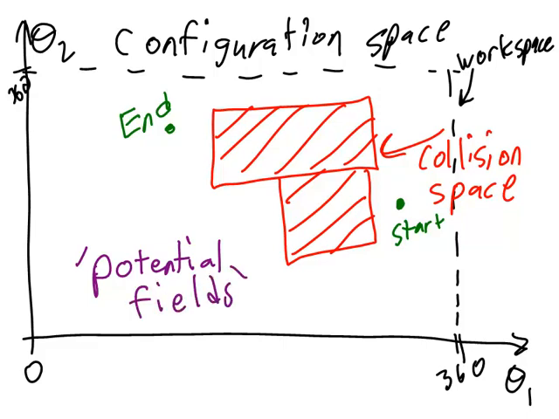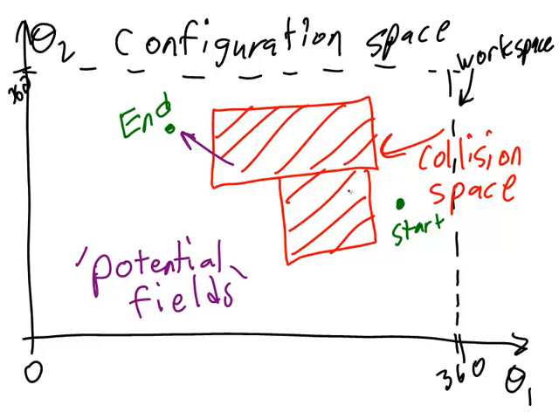In the potential fields method, we're going to treat the end effector as though it is being attracted and repulsed by different elements within this configuration space. The end point is going to serve as an attractive force to the end effector.